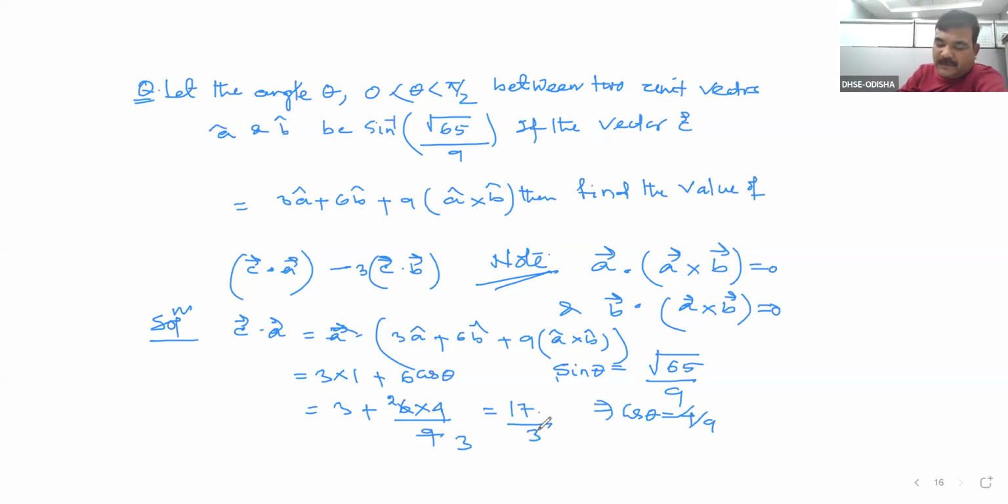Is it correct? Yes, sir. Then similarly, you can calculate 9 times of, then we will calculate C dot B and minus 3 C dot B, and then answer will be 29.